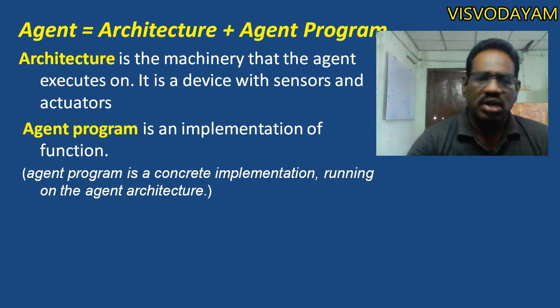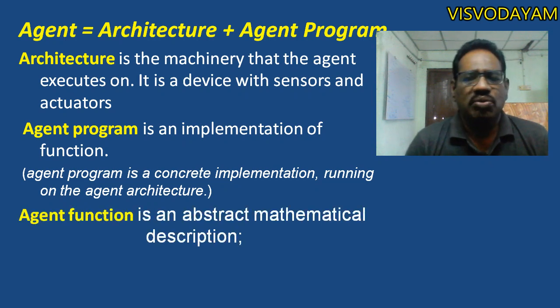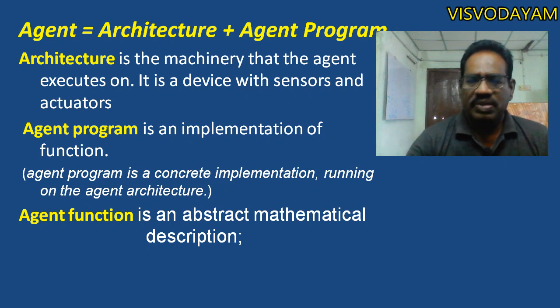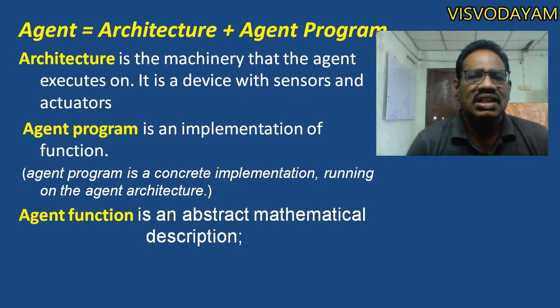For writing the program, what is the logical thing we require? That is the agent function. The agent program is developed based on the agent function. The agent function is an abstract mathematical description of what to do with a perception of the sensing data. So an agent is architecture plus agent program.